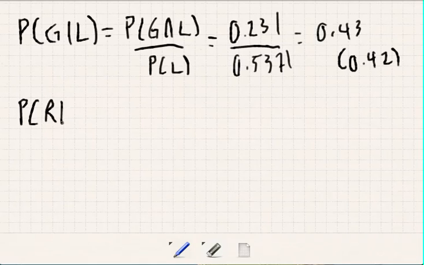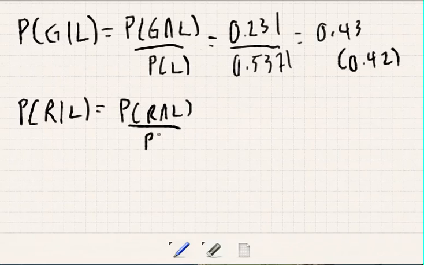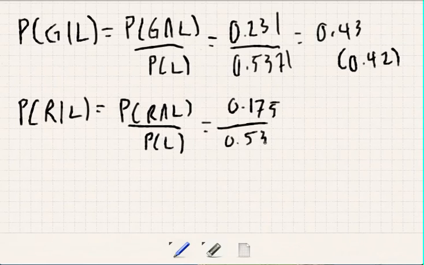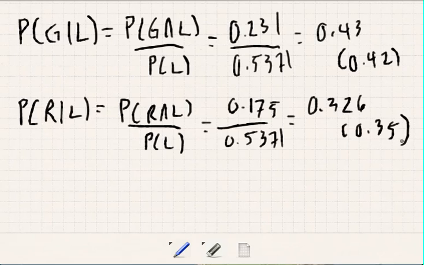If we look at Romney, the probability that it's Romney, given that the Republican loses, is the probability of Romney and losing divided by the probability of losing, which is 0.175 divided by 0.5371, which is 0.326. Compare this to the probability that he's actually the nominee, which is 0.35.